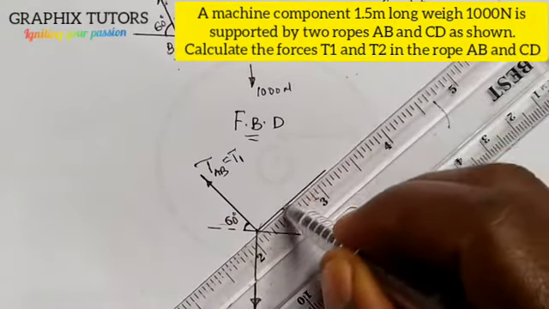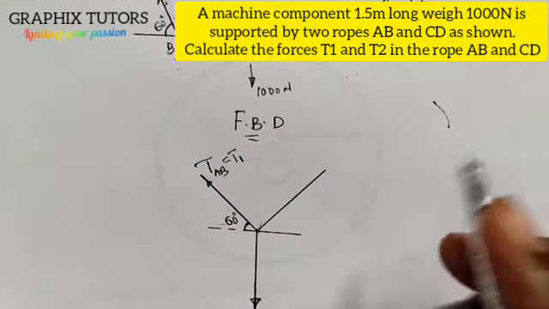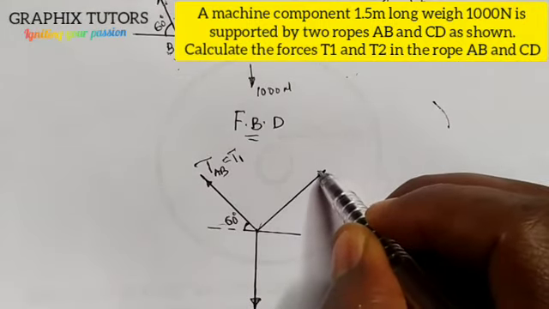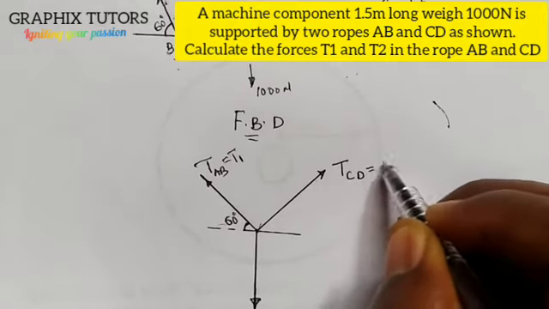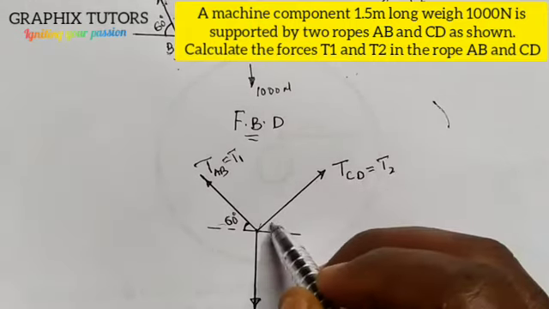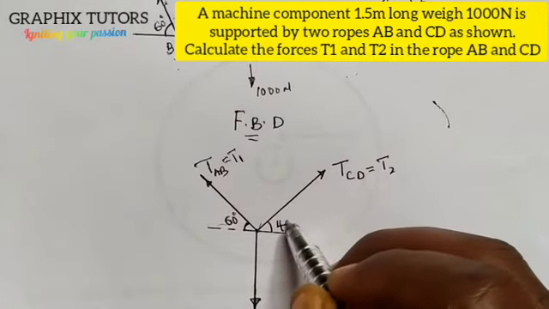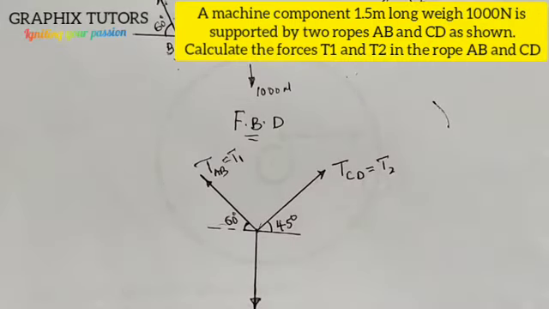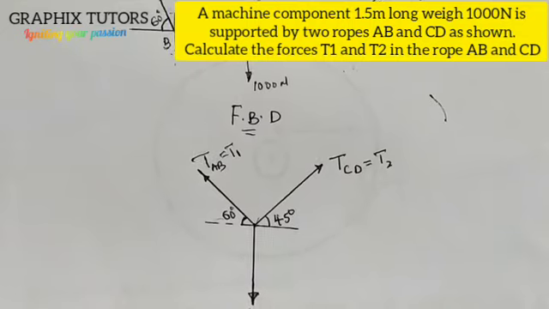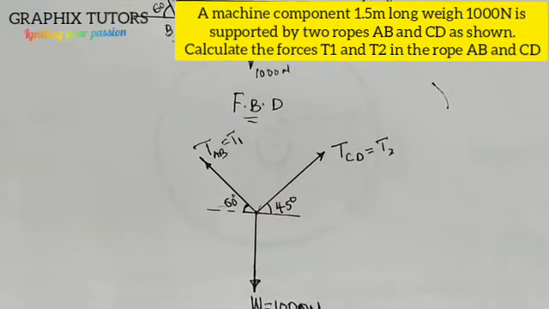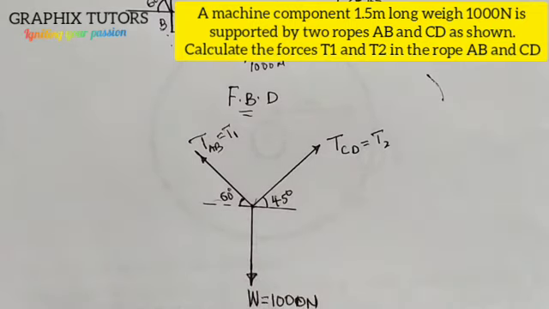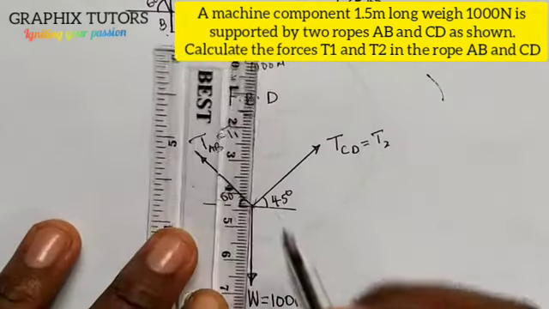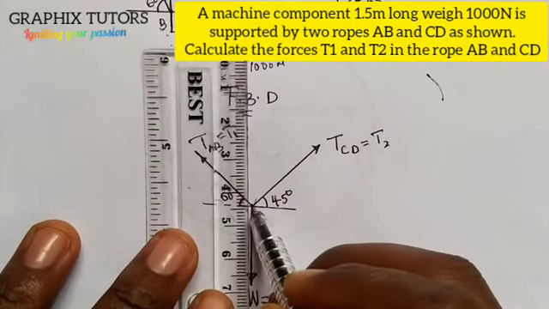So the force here is TCD, which I'm calling T2, and the angle here is 45 degrees, right? Now this is a concurrent coplanar force. They are all meeting at a point here. So if I complete this at the center, I'll have it this way.